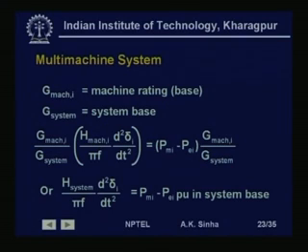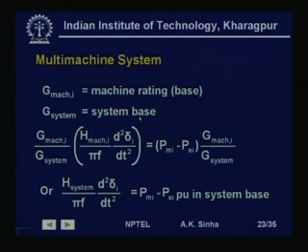So, for a machine i in the system, the rating is given as G machine i, the base value. These values will be different for different machines, because in a large system we have a large number of different machine ratings. So, we need to choose a single system MVA base for a multi machine system. Let us say that we have chosen G system as the system base.